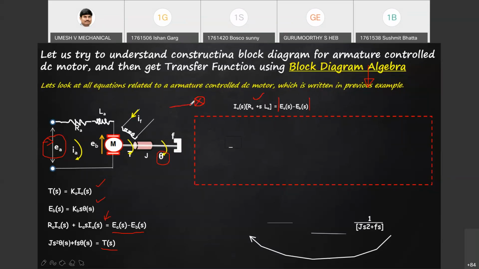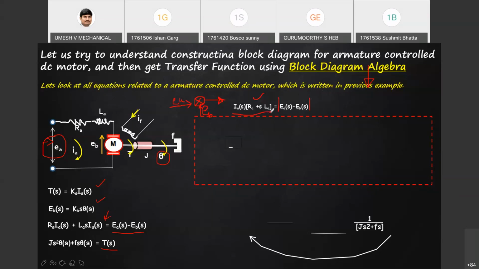This is the applied voltage, and this is the back EMF. So what comes out of this comparator, or error detector, is EA applied and EB, the back EMF, giving EA minus EB. That should give you this particular term.